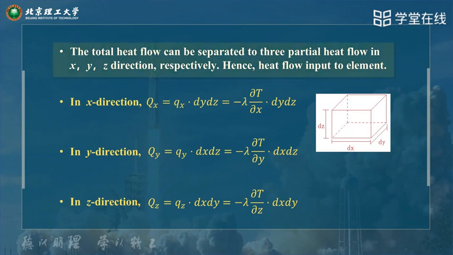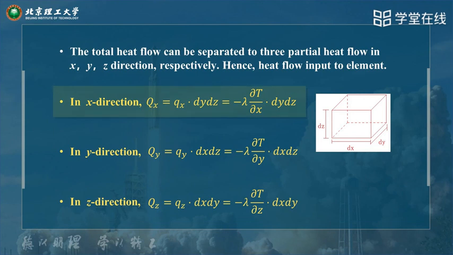We understand the total heat flow can be separated into 3 partial heat flows in the x, y, z directions. In different directions, there is some heat flow rate. Hence, the heat flow input to the element we can calculate in 3 directions, x, y, z.